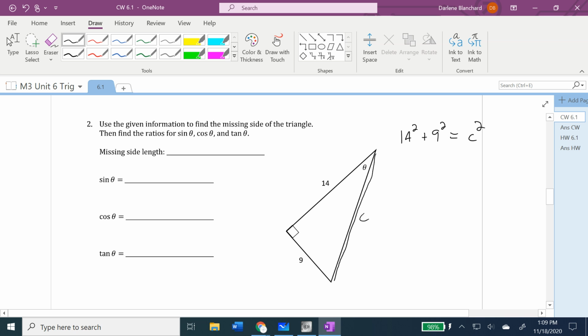So the hypotenuse, if I call it C, then I end up with this equation, and you can use your calculator to find the C. And with theta being this particular angle, then between the two legs, the leg that helps to make it is adjacent, and the leg that it does not touch is its opposite.